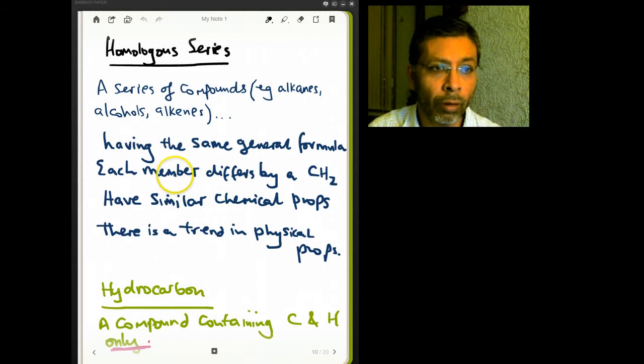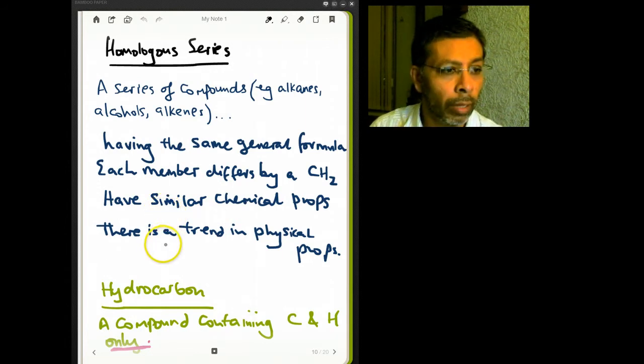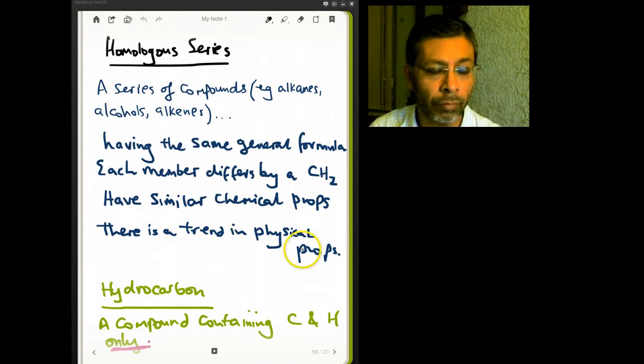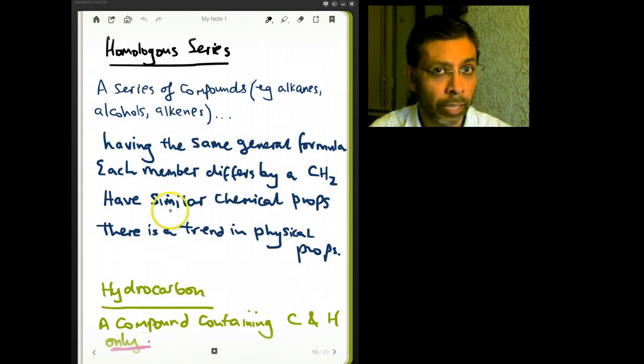Each member of the family differs by a CH2 unit, and they have similar chemical properties, and there is a trend in the physical properties of these compounds also. Now remember the words similar chemical properties, not the same, and also remember the word trend in physical properties as well for the exam. Okay, so several points there.